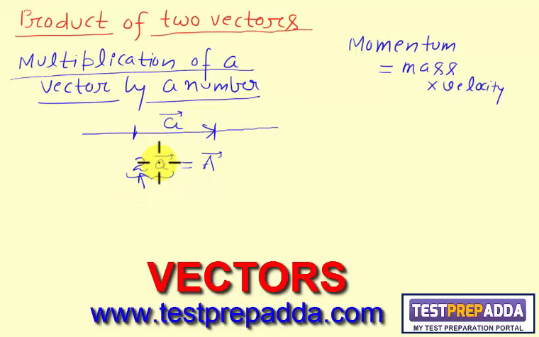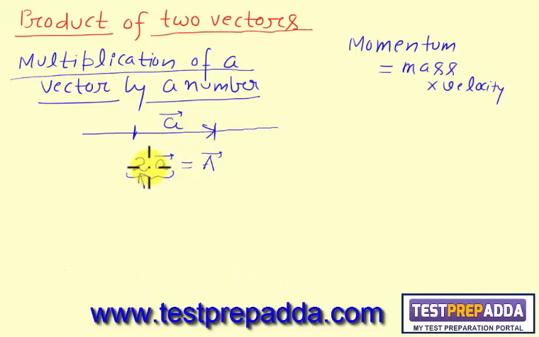So the real number that is multiplied with the vector will change the magnitude.